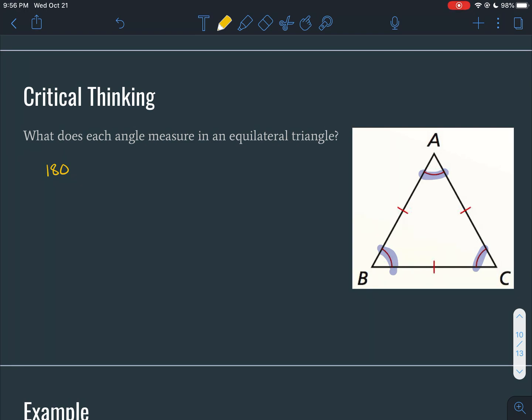And in an equilateral triangle, all 3 angles are congruent. So 180 divided by 3 is 60. So each angle is 60 degrees in an equilateral or equiangular triangle.